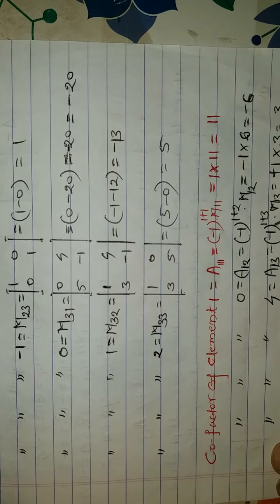Hence minus 1 to the power of 1 plus 3 into the minor of the 13th element. Already we found it earlier, 3. Hence minus 1 to the power 4 means plus 1 into 3, that equals 3.